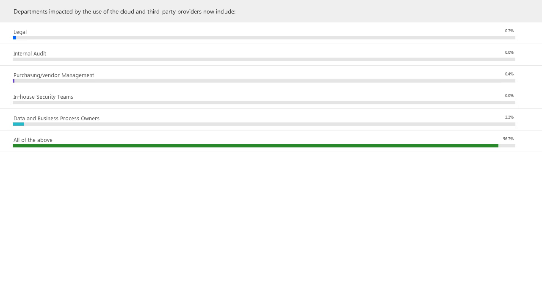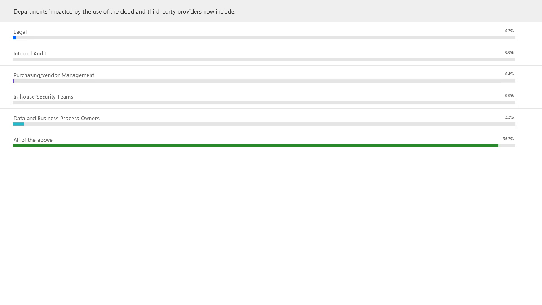So when the organization is using cloud service providers, they now have to take into account the degree of risk that may be introduced by having systems and data in the cloud. So that's a tall order for internal audit. Purchasing and vendor management, as Brandon mentioned earlier, they're responsible for holding the cloud service provider to their contract obligations and making sure that they're meeting them on an ongoing basis.